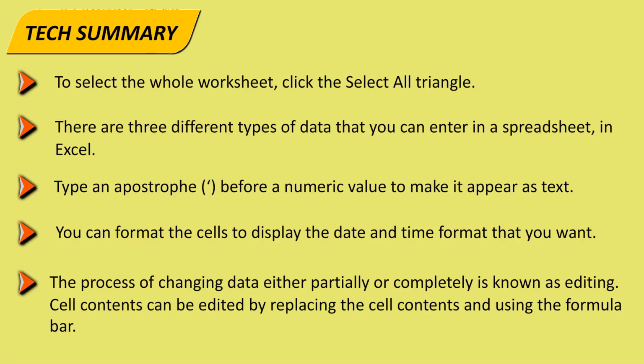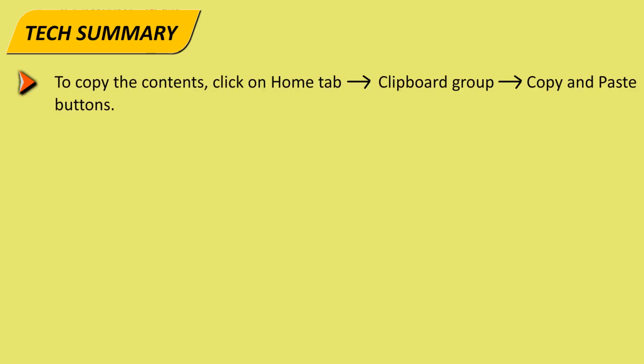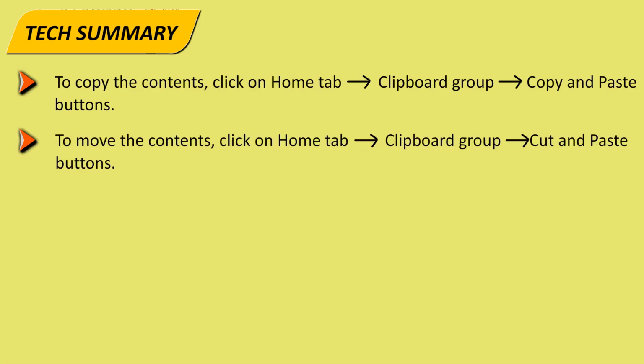Cell contents can be edited by replacing the cell contents and using the formula bar. To copy the contents, click on Home tab, Clipboard Group, Copy and Paste buttons. To move the contents, click on Home tab, Clipboard Group, Cut and Paste button.